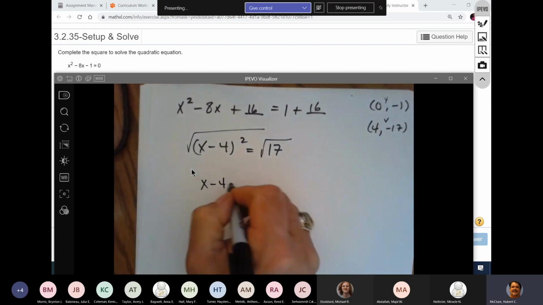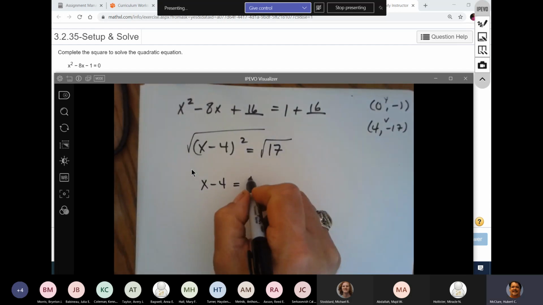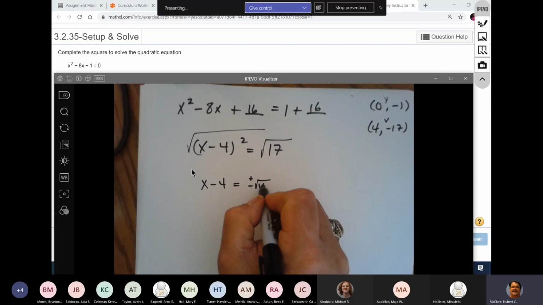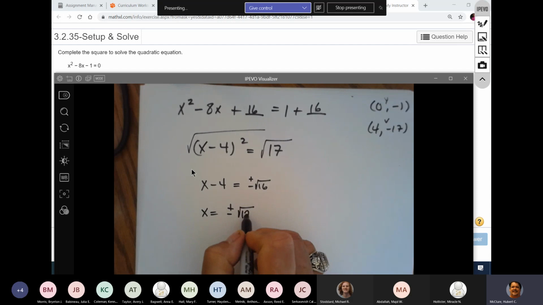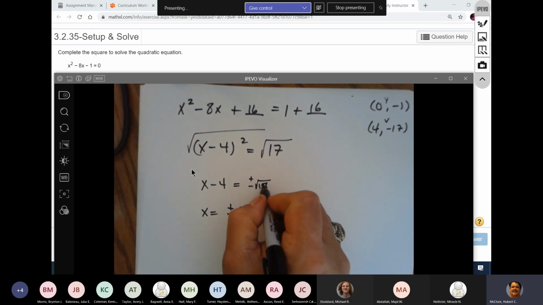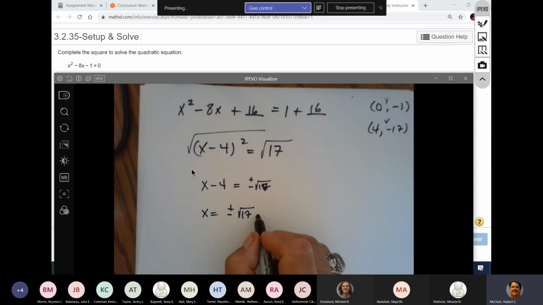X minus 4 is equal to positive or negative square root of 17. X is equal to positive or negative square root of 17 plus 4. And for our purposes, square root of 17 is 4.1.